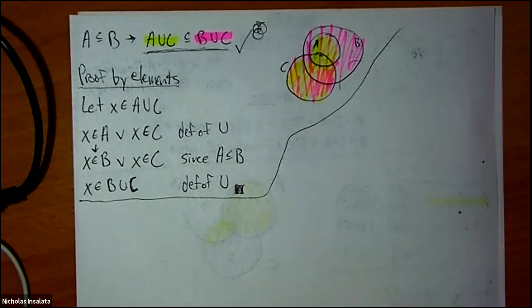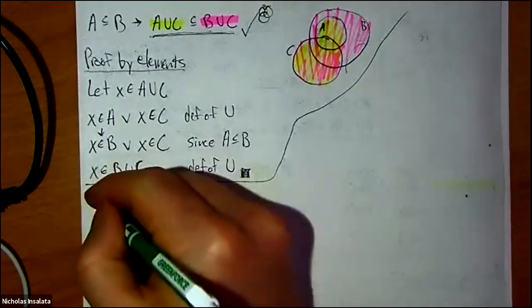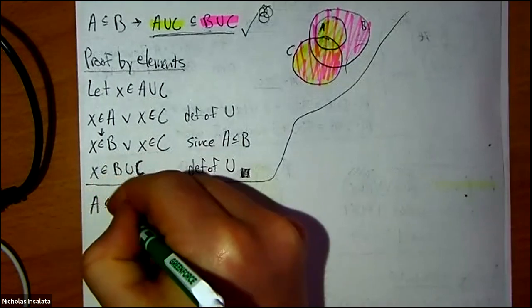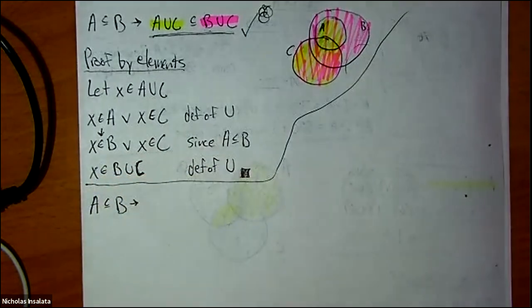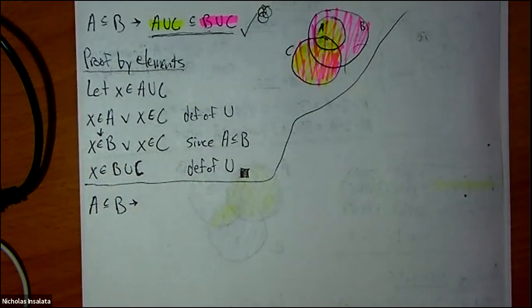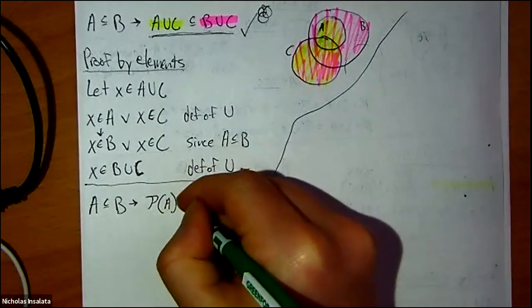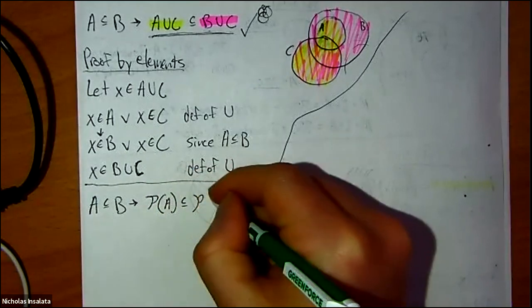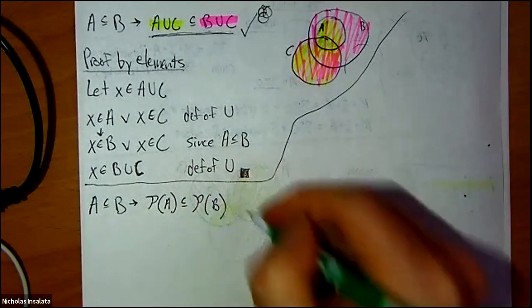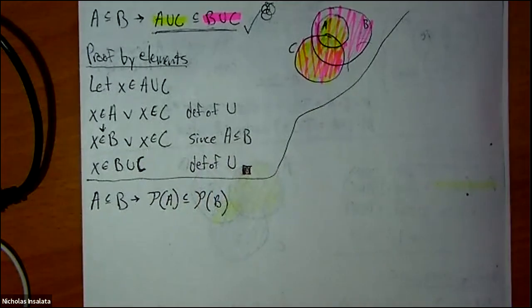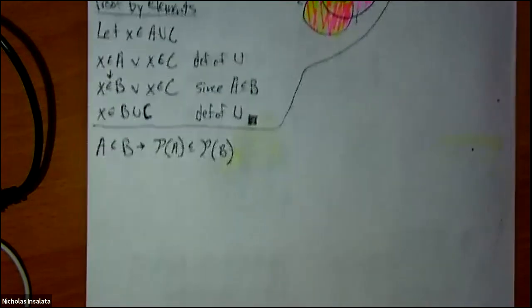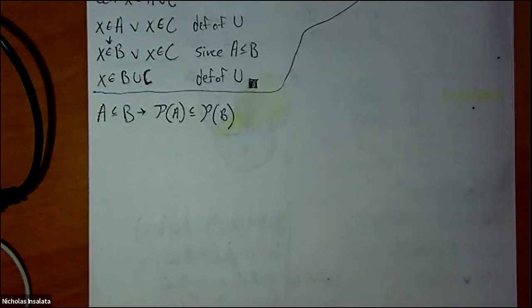Okay, so let's try another one. Let's try this one. Similar sort of idea. A is contained in B, but this time we're going to use one of our other operators, the power set operator. So say, in that case, the power set of A is contained in the power set of B. And this time, I don't think we can use a proof by Venn diagram, right?